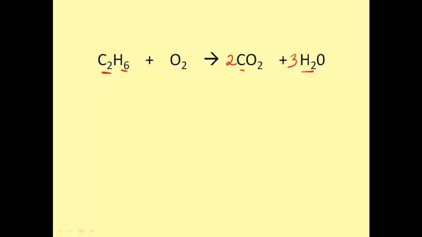We have 2 oxygens on the left-hand side, and we have 4 oxygens plus the other 3 oxygens from over here for a total of 7 oxygens on the right side. This is not going to work. So on the left side we have 2 oxygens, and on the right side we have 7 oxygens, and we need to balance this out.